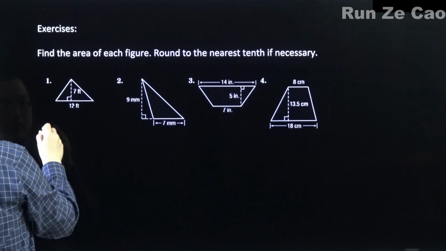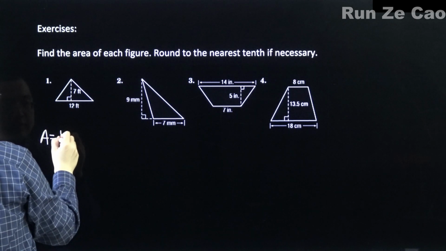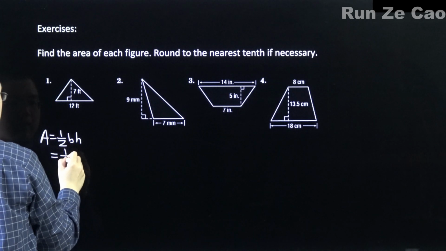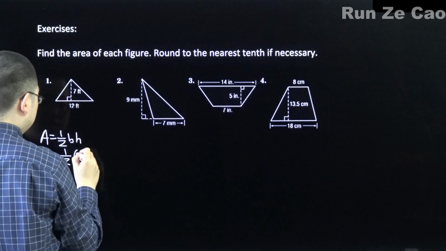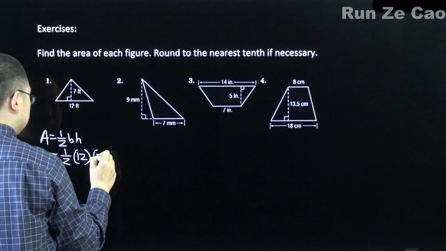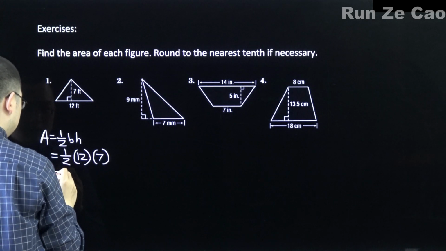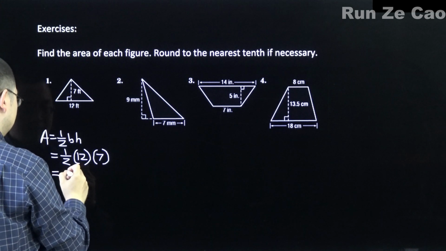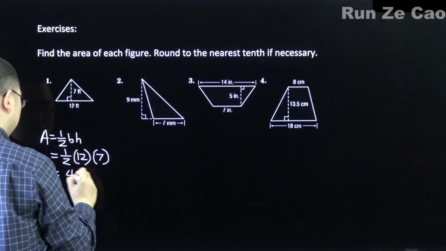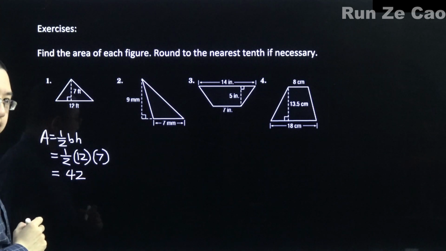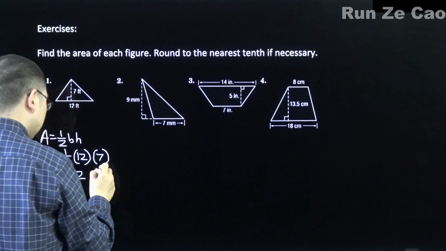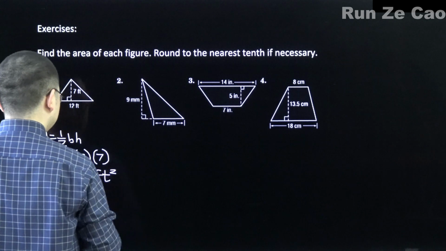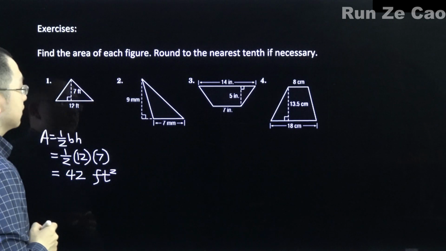Well then, area is equal to 1/2 base times height, which means 1/2 base 12 feet times height, which is 7 feet. So, that's 42. And the units are not meaning of life, it's feet squared.